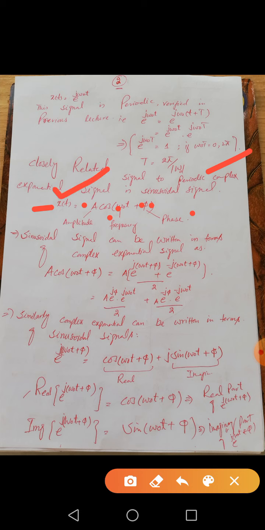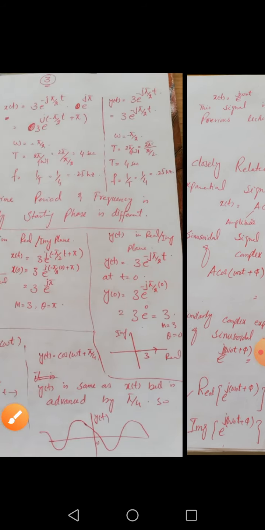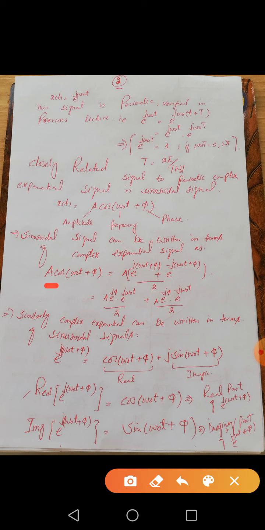This sinusoidal signal can be written in terms of complex exponential signals. A cos (omega naught t plus phi) is equal to A times (e power j (omega naught t plus phi) plus e power minus j (omega naught t plus phi)) divided by 2.